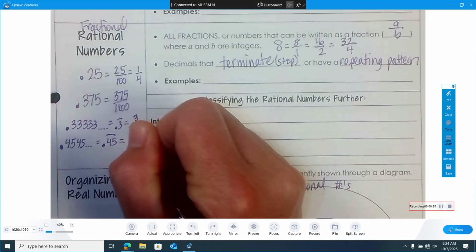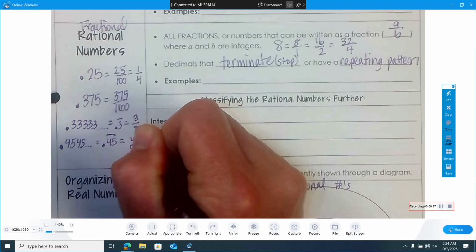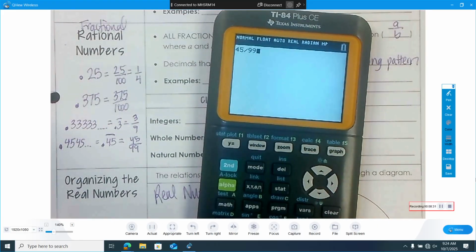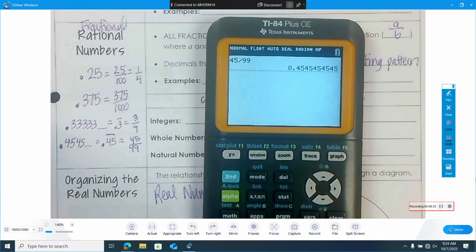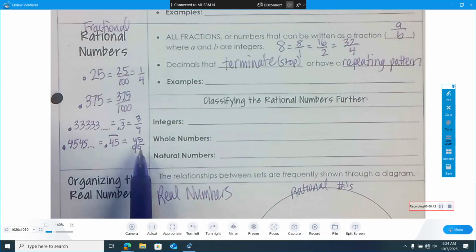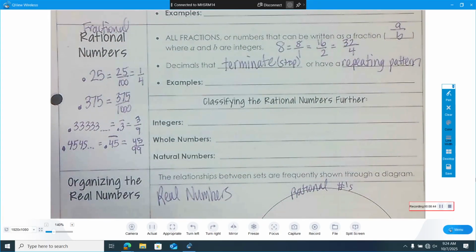So 45, and now because there's 2 digits, I need 2 9s. 45 over 99, watch, 45 over 99. Crazy! Look at that, 0.454545, pretty cool, okay? So if you have a decimal that repeats, then we can write it as a fraction.